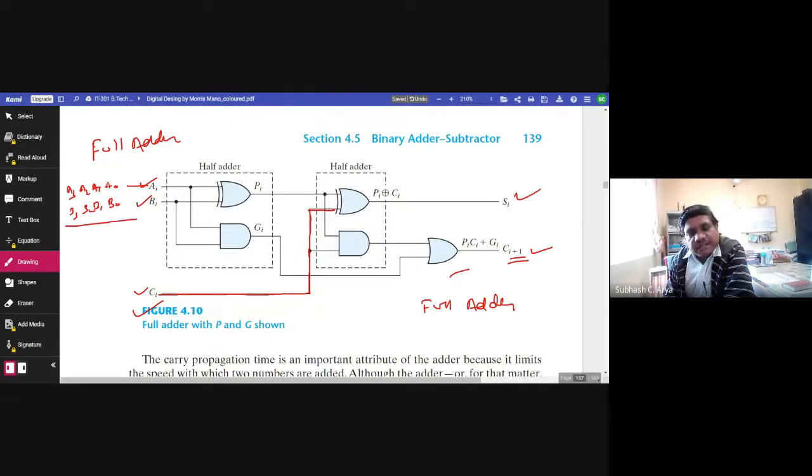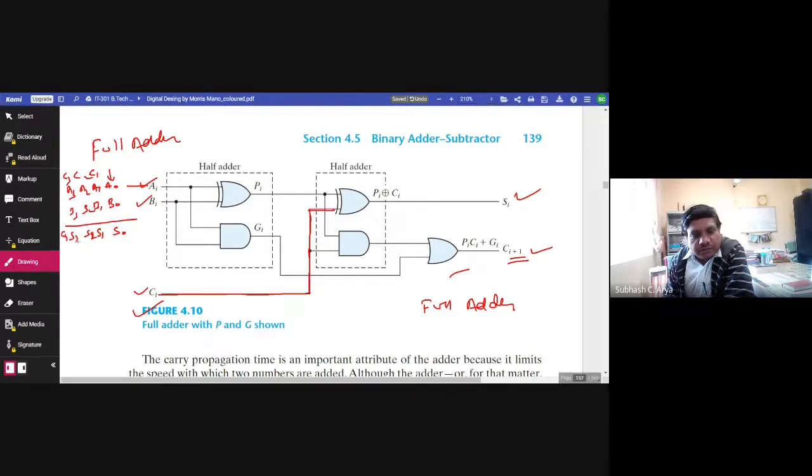Basically, at the same time, we have these two inputs. But while calculating the answer, the least significant bit S0 will be here, then carry C1, then S1, then carry C2, then S2, then carry C3, and S3, and then carry C4.